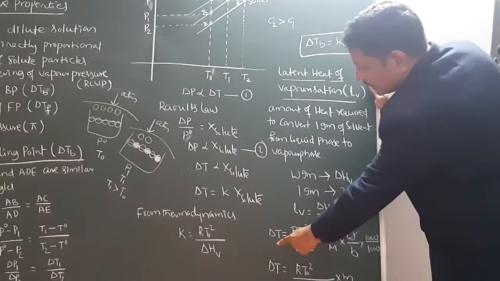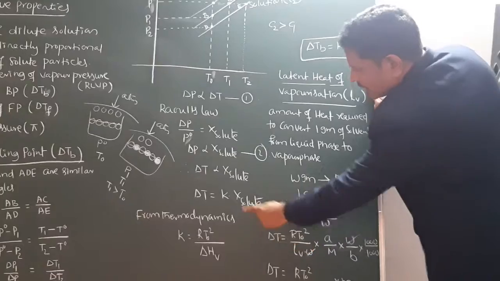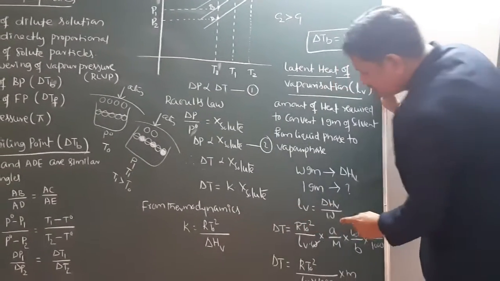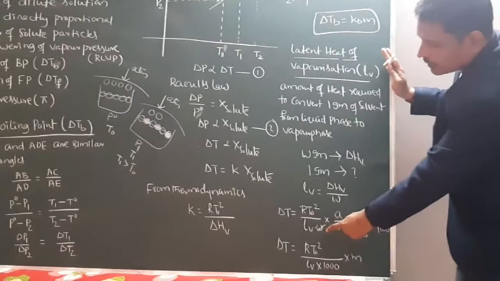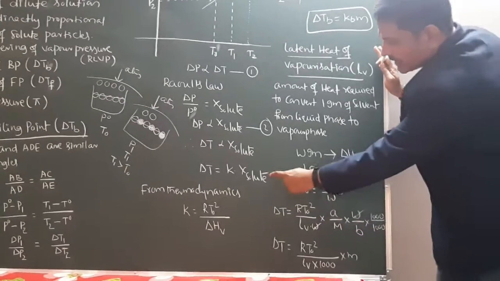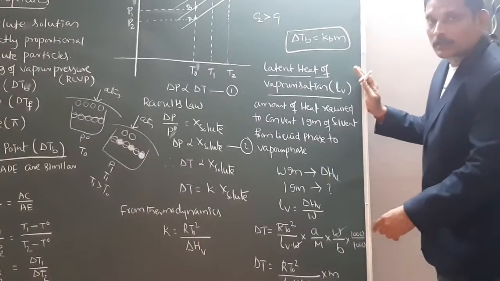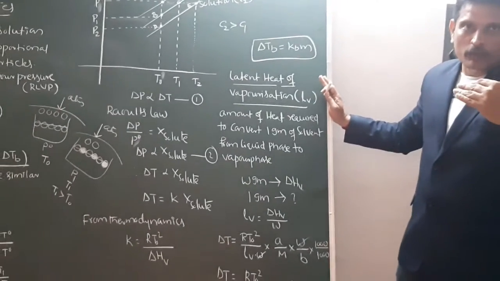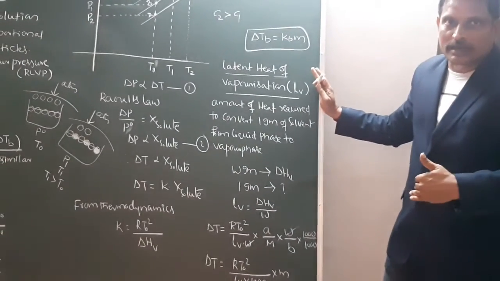So therefore, delta T is equal to K, meaning RT naught square by delta HV, but delta HV is equal to LV into W, into X solute. X solute means mole fraction. In the case of dilute solutions, the number of moles of solute in the denominator is neglected.